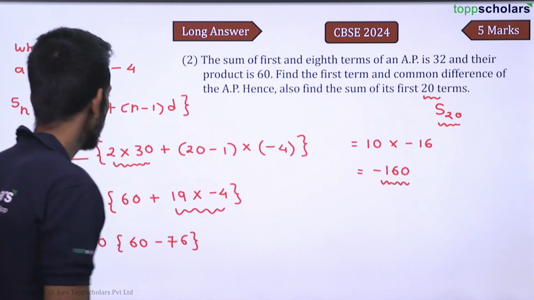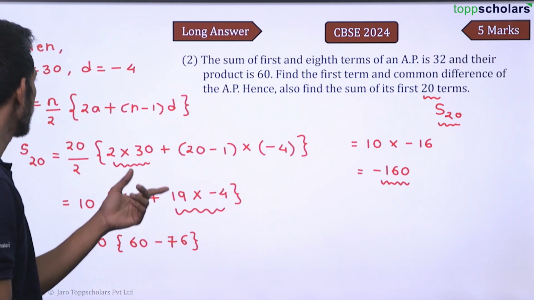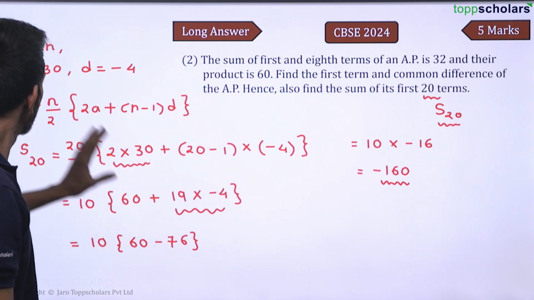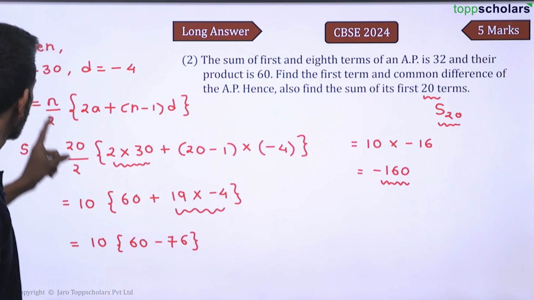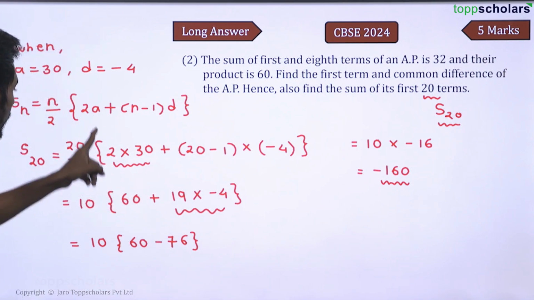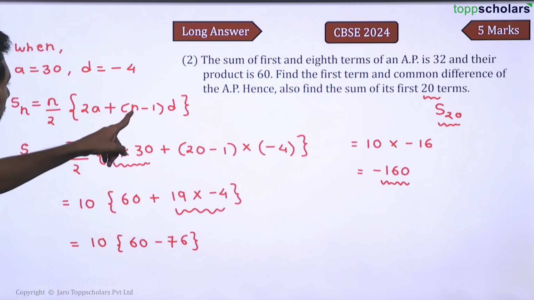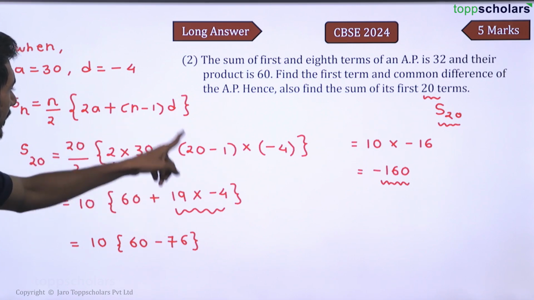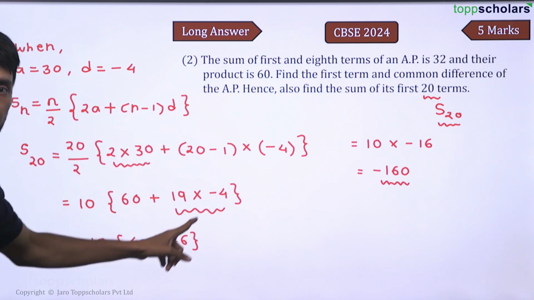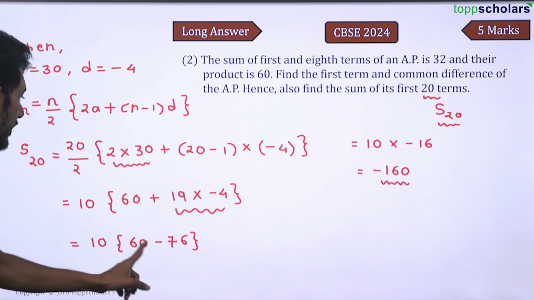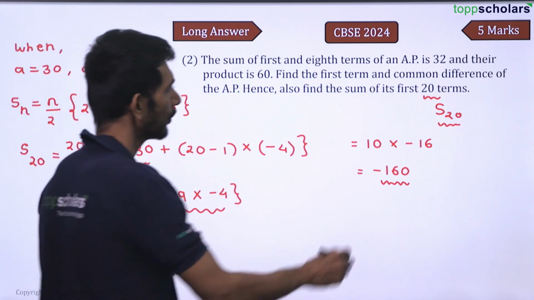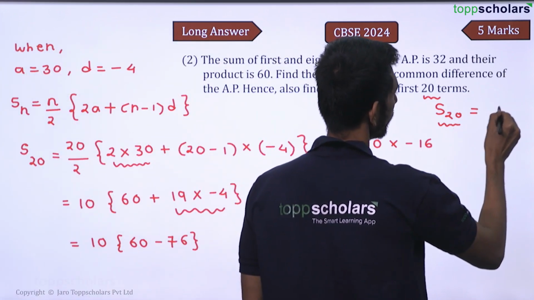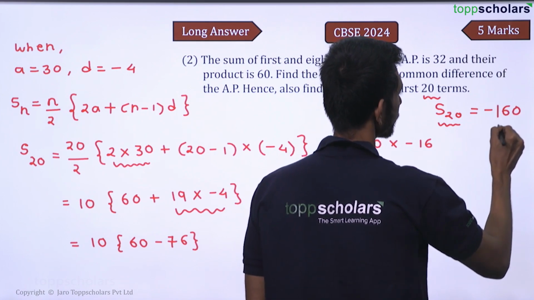So sum of the first 20 terms when A is 30 and D is minus 4 is minus 160. We can check. A is 30, so this gives you 60. N is 20, this gives you 19. D is minus 4, 19 4s are 76. 60 minus 76 is minus 16, and then you get minus 160. So S20 is minus 160.